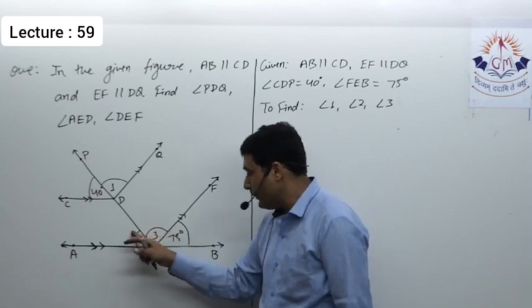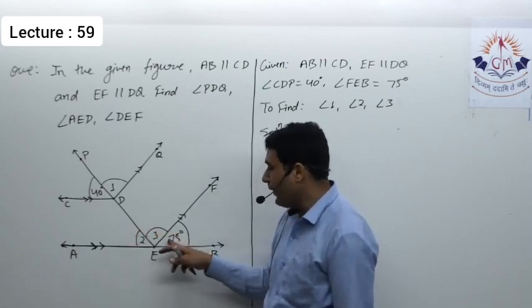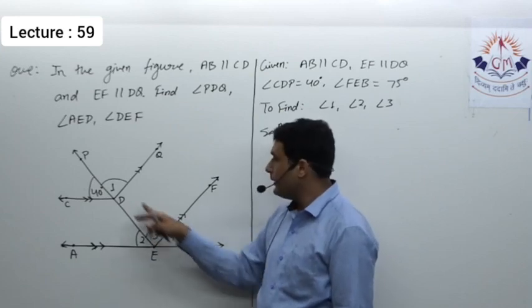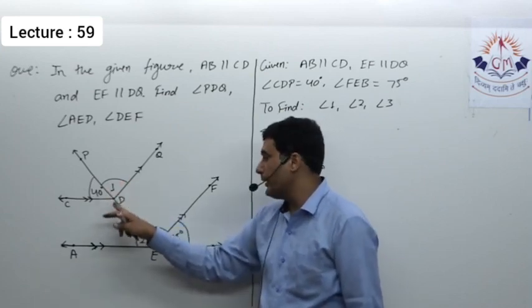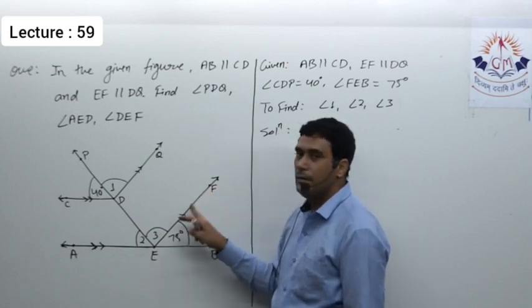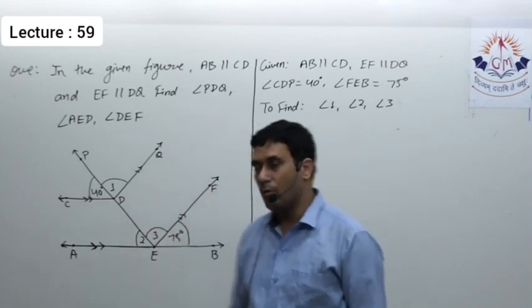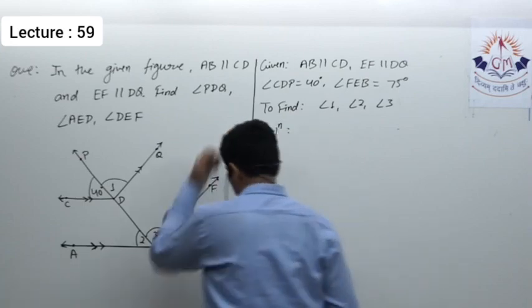So I will be able to find the measure of angle 3, and 3 and 1 are again corresponding angles because DQ and EF are parallel. In that way I will be able to get the measure of angle 1 also. But here I am giving you the complete solution.